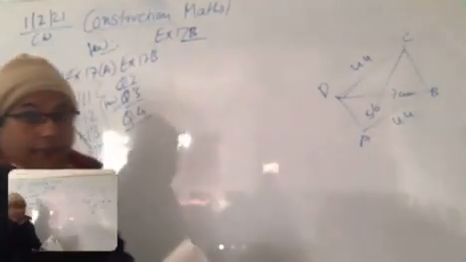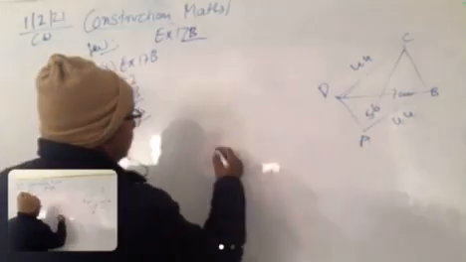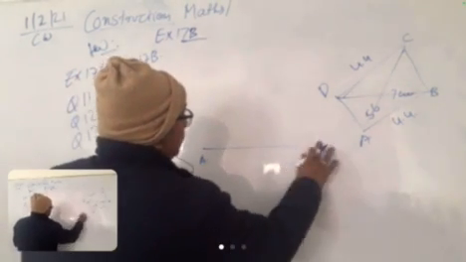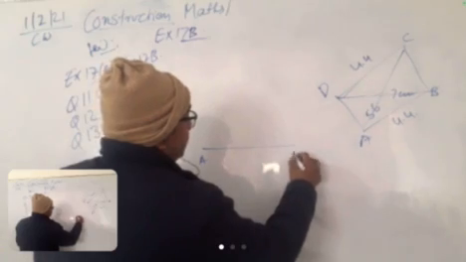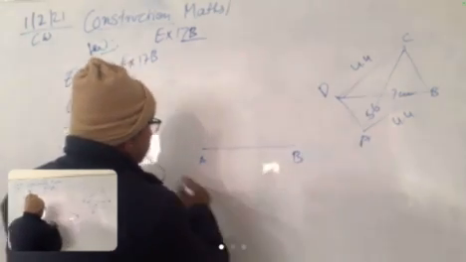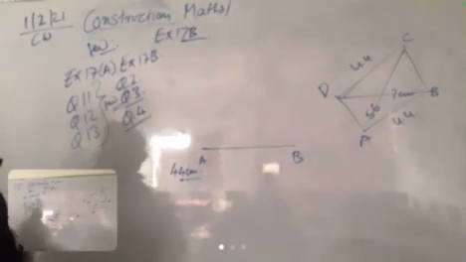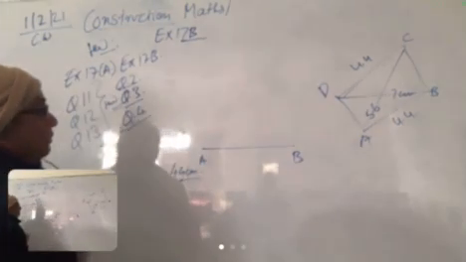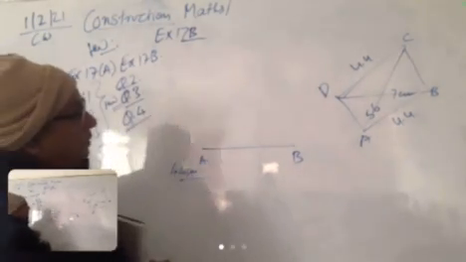Now start the construction please. First draw AB, 4.4 centimeter. Clear?